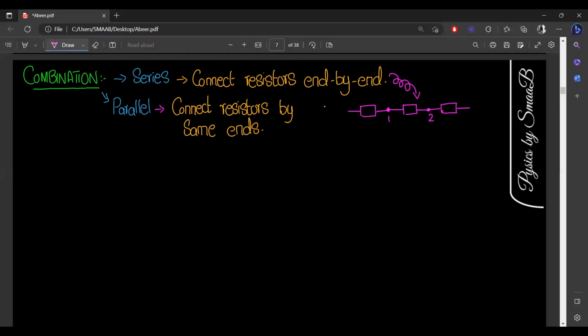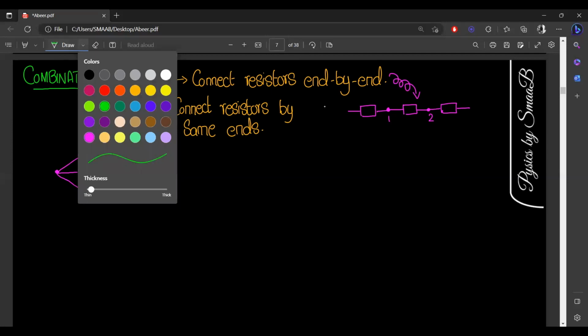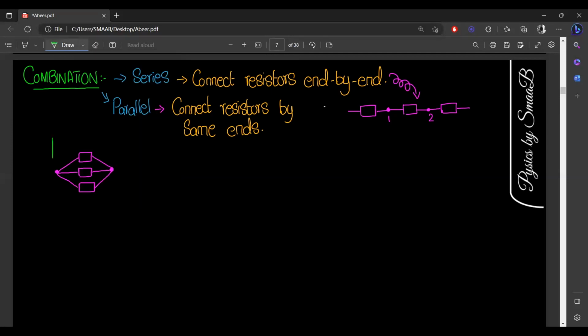Then we need to connect the other end of the resistors on the next side. So let's suppose we are going to connect three resistors. So these are three resistors which are connected by same ends, and then it will be connected with a power source over here.